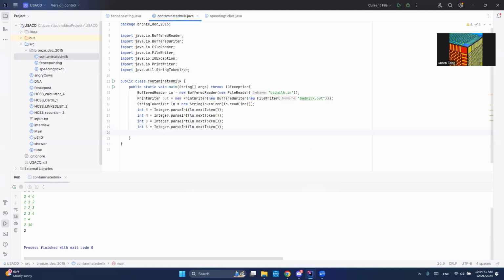So the easiest way to keep track of the earliest time each person drank a milk is to just have an int array, a 2D int array.